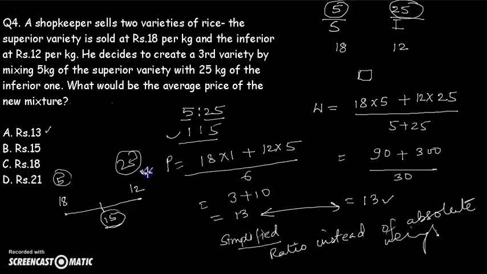The weight is much more compared to this weight. So this midpoint value or this simple average will drag towards the value 12. So any value which is less than 15 would be the answer, and there is only one answer, which is 13. So this method does not require even any calculation.